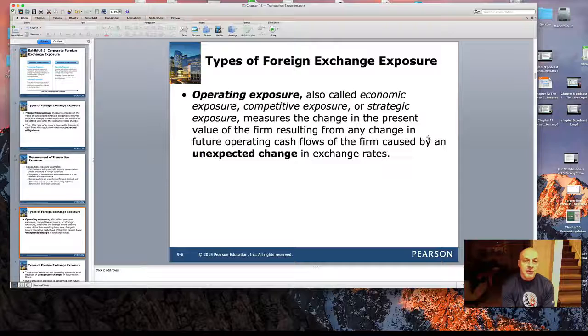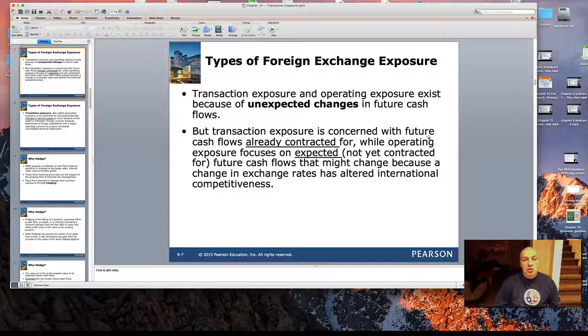So it's a very long way of saying that we measure the value of the firm by discounting all its cash flows. Well, those will change in the future because exchange rates will change as well. And if it's an unexpected change in exchange rates, what we call an unhedged exposure, then that's going to affect the operating exposure.